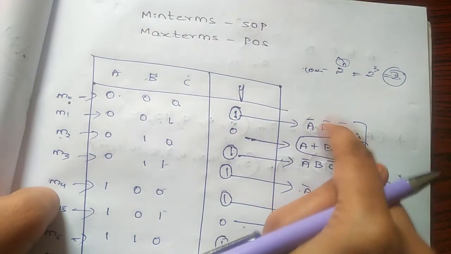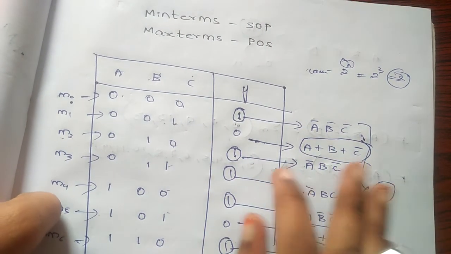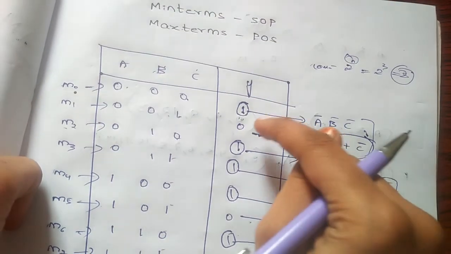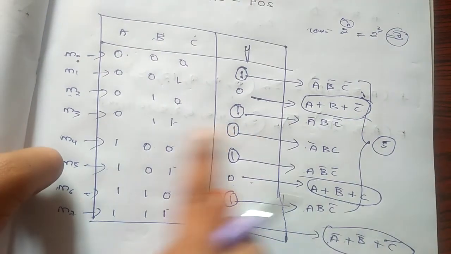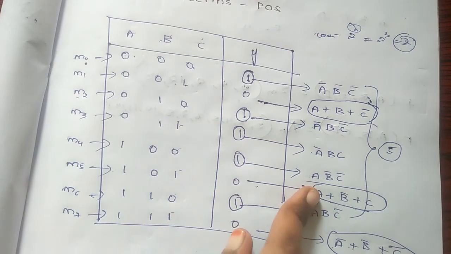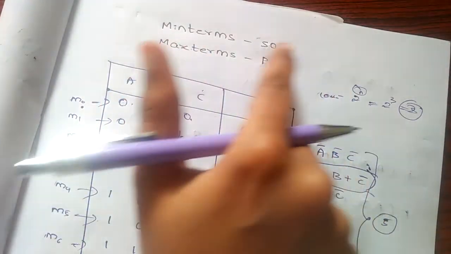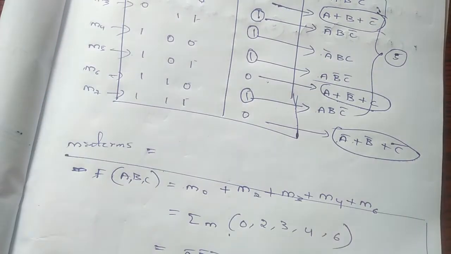Means we have to write the products first and then add all these products. Vice versa, in the max terms we take the equations at the zeros. At the inputs, what is the complement of 0? 1. At the 1 we take the bars, but we represent it in a sum, and all these sums should be multiplied together finally. So hope you understood this about the min terms and the max terms.